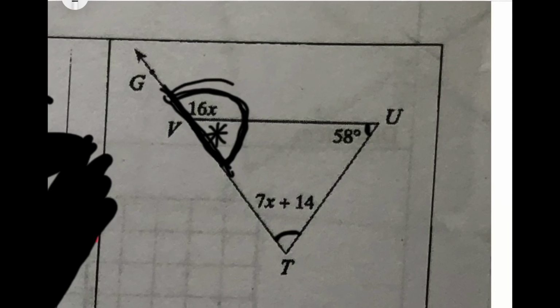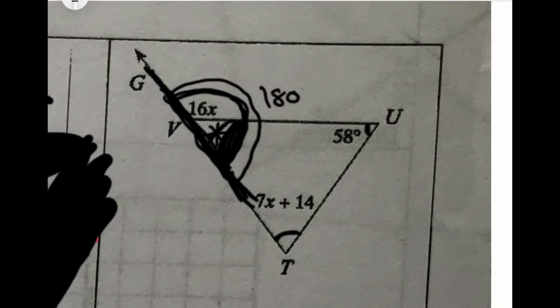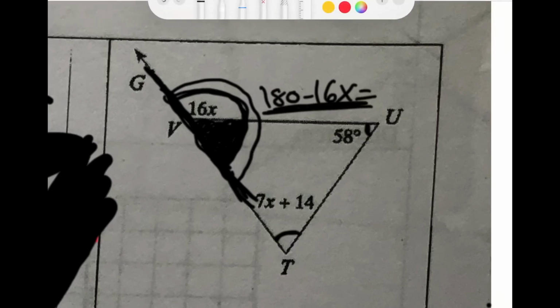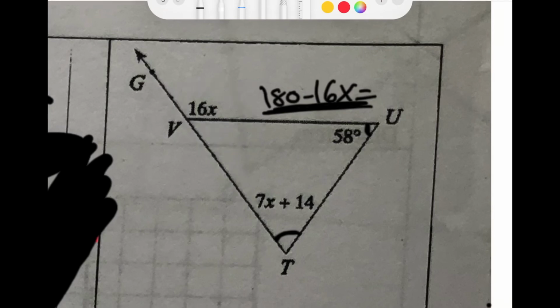So a straight line going from one side and stopping at that line again gives us 180. Well, to find this missing part right here, we're going to subtract what we already have. And that equals the missing part, that blacked out part that I just created. So I can't simplify 180 minus 16x. So this missing angle in here is simply 180 minus 16x.